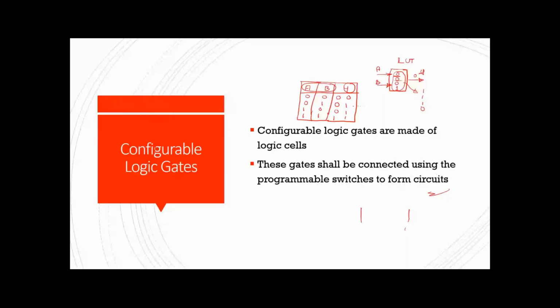So this is a simple example, but in an actual FPGA scenario, like the Xilinx FPGA or Quartus FPGA you might have heard about, it is not 2 inputs. Usually it will be 6 inputs, and we have cascading logic where you can make it higher inputs also.